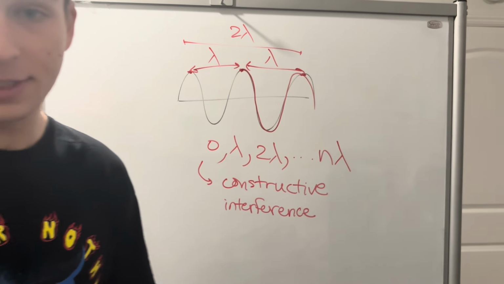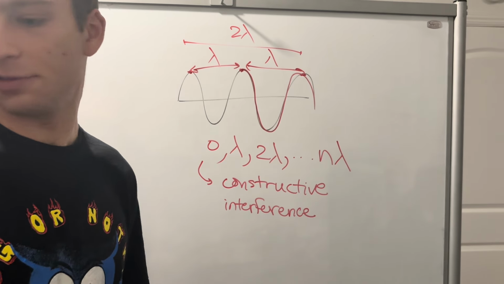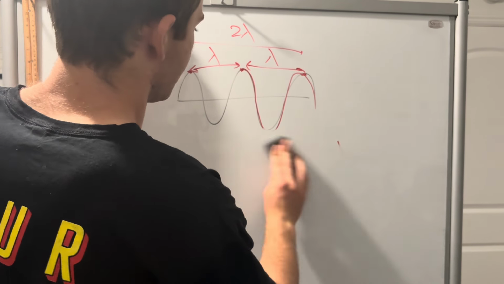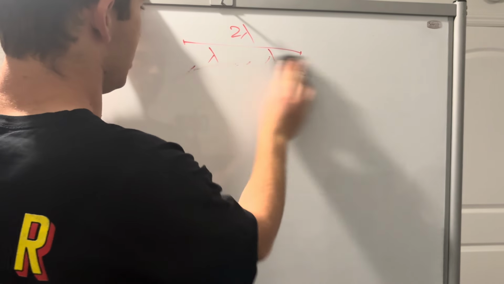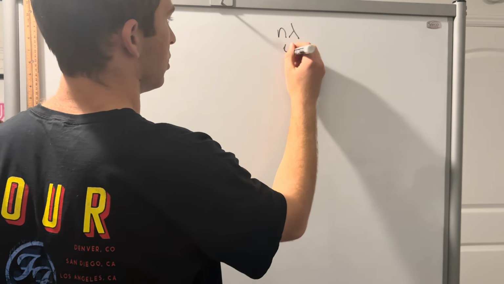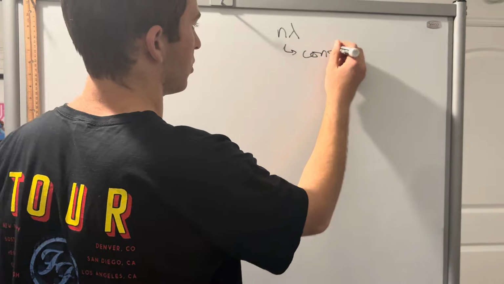Now, let's say I want the waves to destructively interfere. Instead, let me just write this as a little note in the top right over here, where n lambda is constructive.